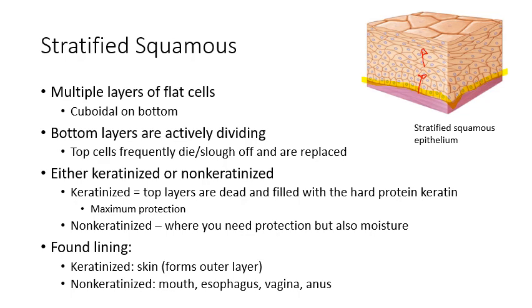As they get to the top, they're frequently going to be dying because there's no blood vessels in epithelial tissue. So the further they get to the top, the further they are from the nearest source of blood, which would always be down in the connective tissue underneath the epithelium.